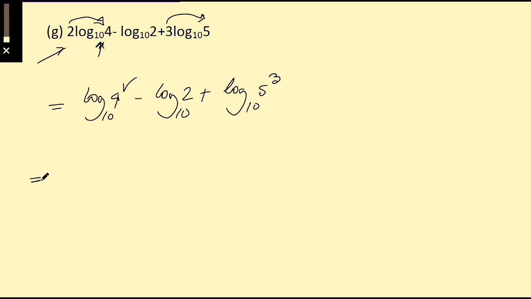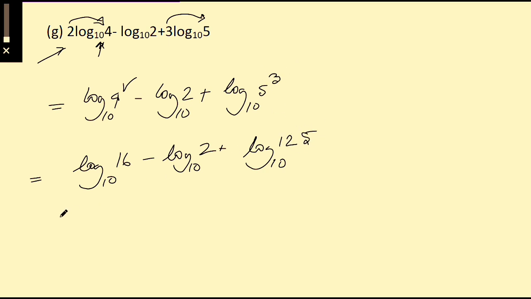So now we can write it as log 4 squared to the base of 10 minus log 2 to the base of 10 plus log 5 cubed to the base of 10, where this 3 will go to the power of the argument. So here 4 squared will become 16 minus log 2 to the base of 10 plus 5 cubed, which will become 125.